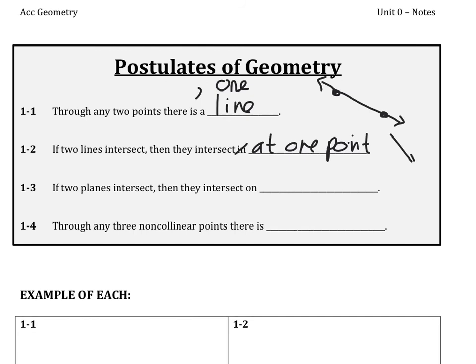If two planes intersect, they intersect on a line. I'm going to draw that one when I have some more space. Through any three non-collinear points, there is exactly one plane. So I'm going to draw more examples of these down here.